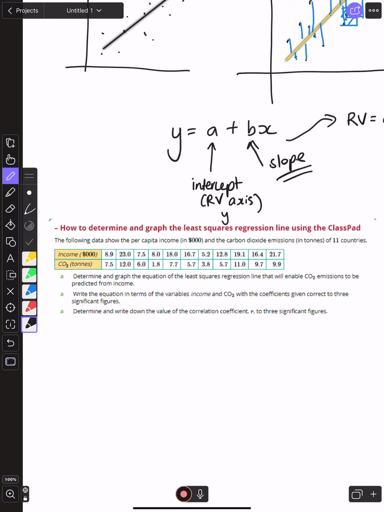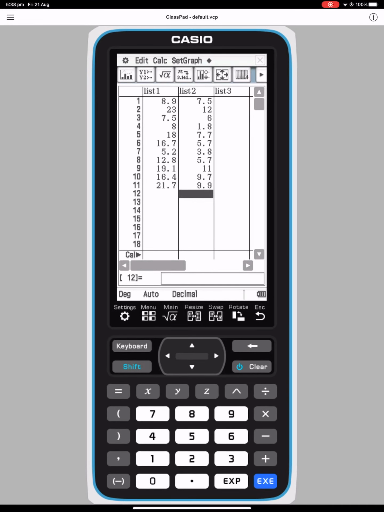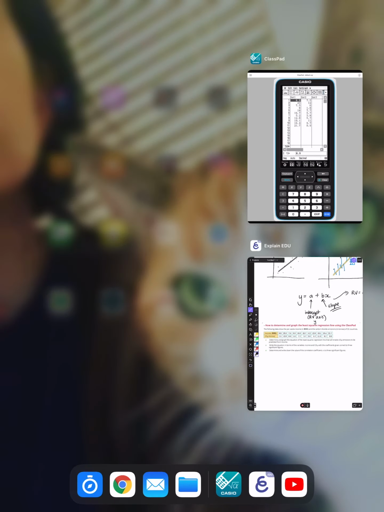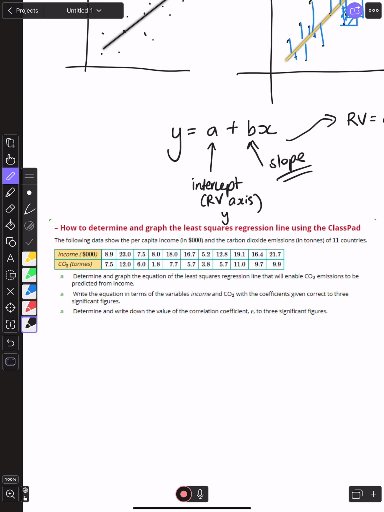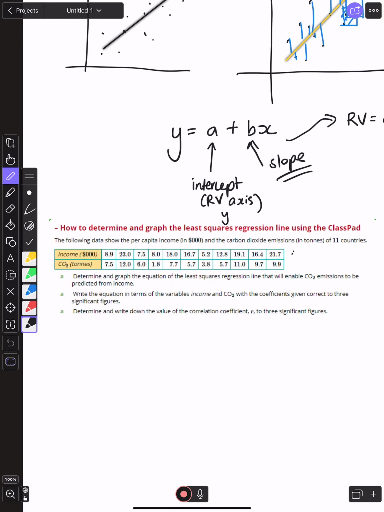All right, so if you go to your calculator and you open up statistics, before I get too carried away, we need to work out what is the EV and what is the RV. So in this case, our EV is the income and our RV is the CO2 emissions.